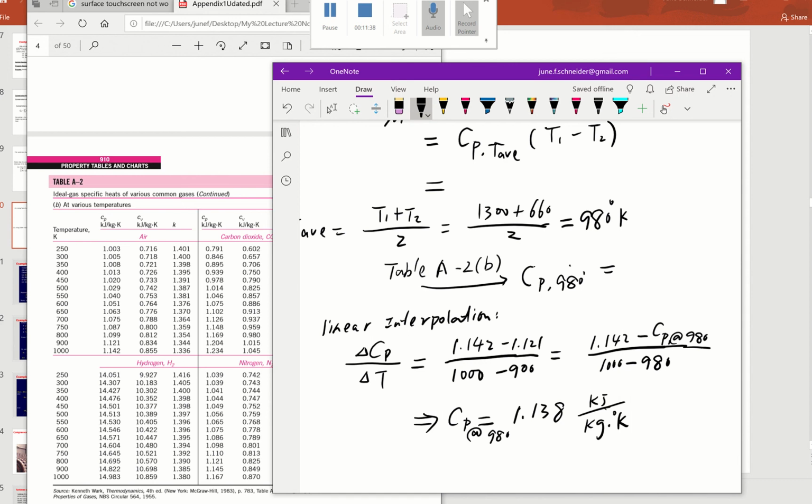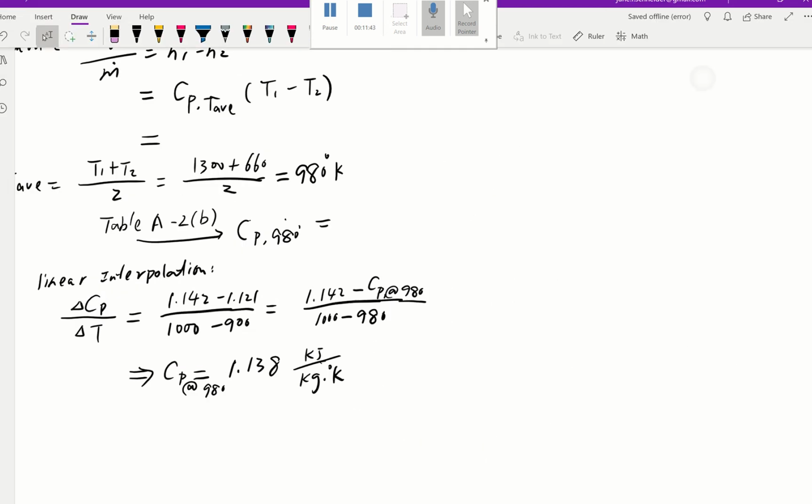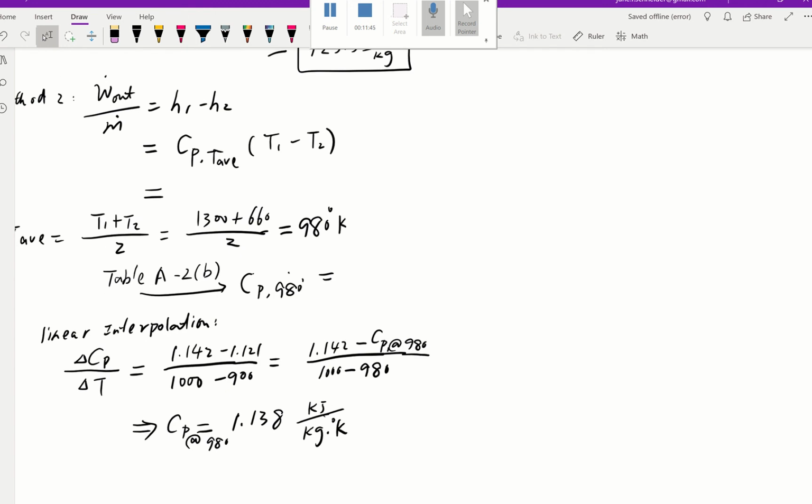So knowing that, I think we're done with the table. We can go back to solve this now. We're going to write down 1.138 kilojoule per kilogram Kelvin, then times T1 minus T2, 1300 minus 660.